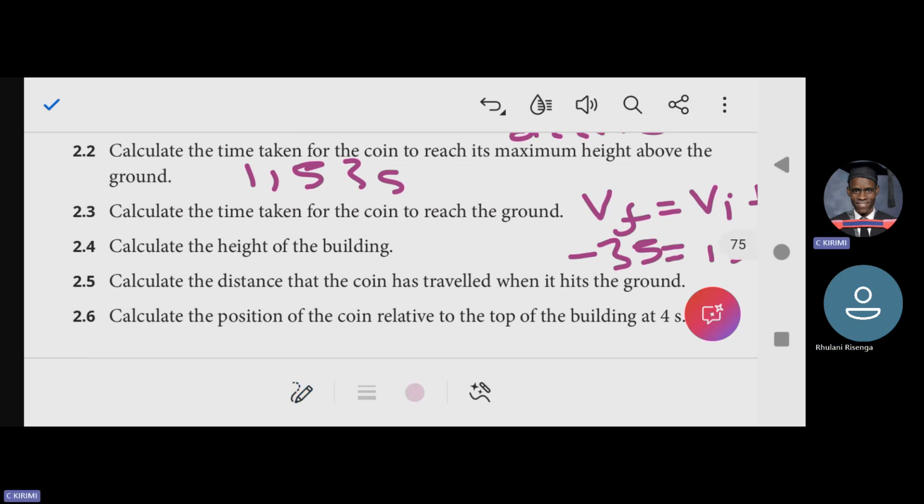And then the distance that the coin traveled when it hits the ground. So we are looking for the distance that the coin traveled when it hits the ground. So you have distance and you have position.